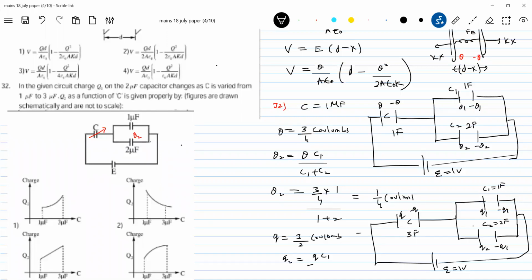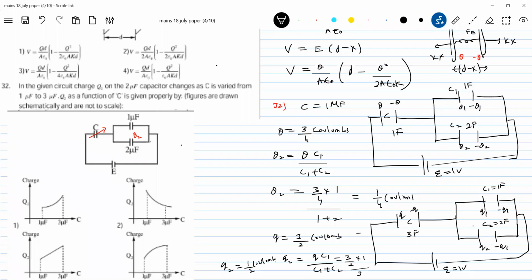Q2 should be Q into C1 by C1 plus C2, 3 by 2 times 1 by 3. So the value of Q2 should be 1 by 2 coulomb. So what's happening to the charge here now? Earlier it was 1 by 4, now it is 1 by 2. So 0.25, now 0.5. So it increases here.